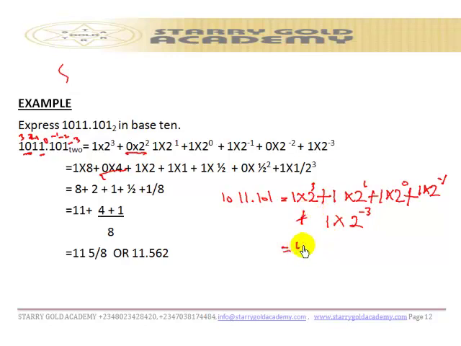You have 1 times 8, plus 2 raised to power 1 is 2, 2 times 1 or 1 times 2. 2 raised to 0 is 1, so you have 1 times 1. 2 raised to power -1 is 1 over 2, plus 2 raised to power -3 is 1 over 8.